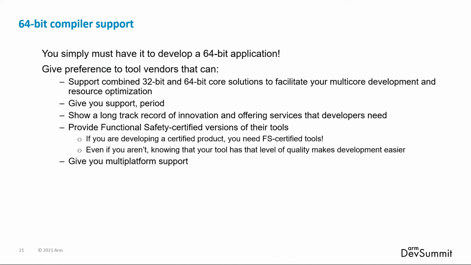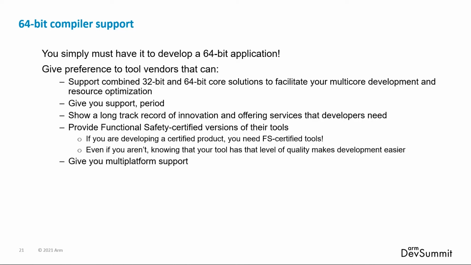There isn't much more to say about the importance of having a 64-bit compiler other than you must have one. Give preference to tools that can support combined 32-bit and 64-bit core solutions to facilitate your multi-core development and resource optimization. Today, many single chips have multiple cores.